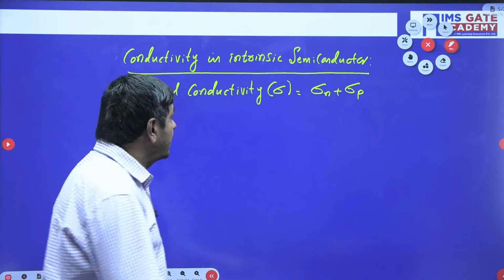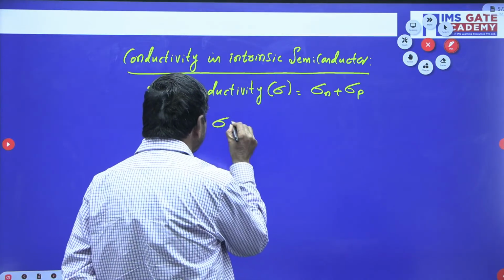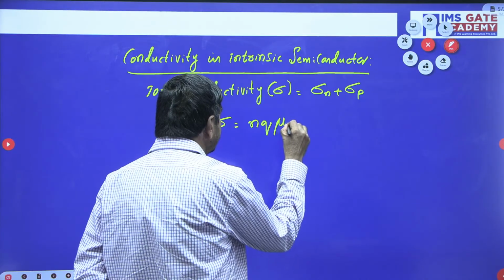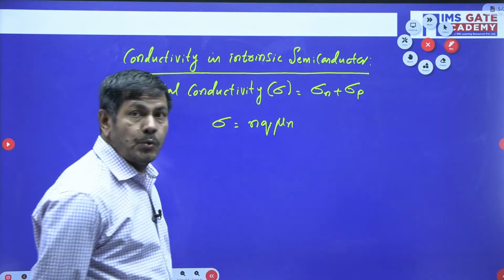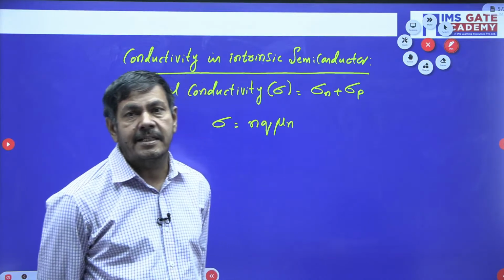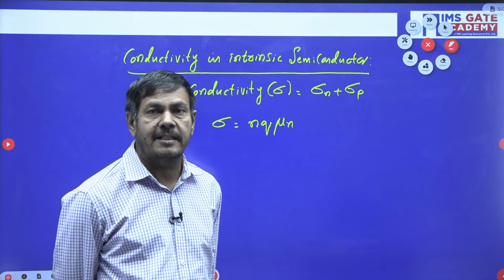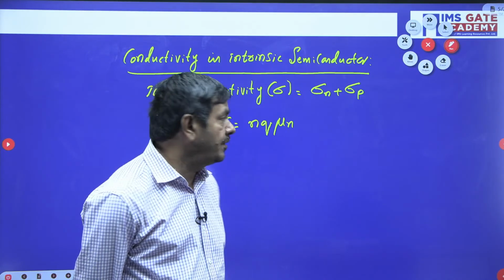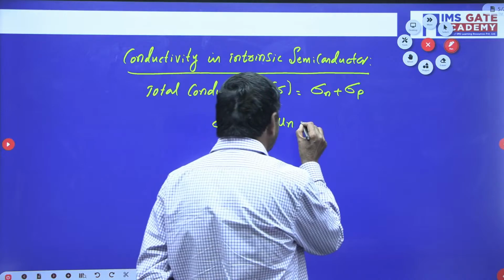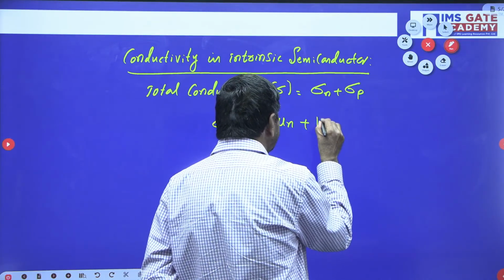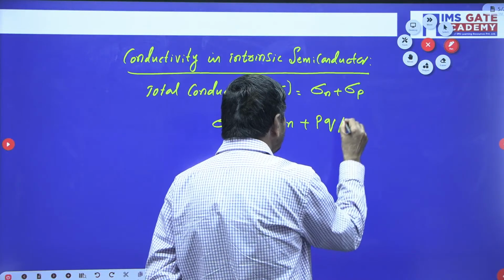Conductivity due to electrons I gave already: N into Q into mu n. N into Q can also be called charge density, I said in the last class. Charge density into mobility is nothing but conductivity, we know very well. In the same way, conductivity due to holes means charge density of holes, P into Q, into mobility.